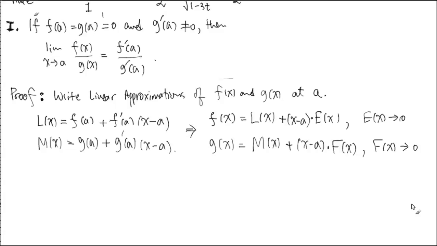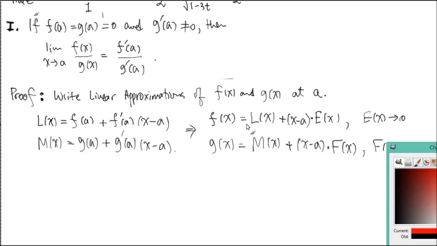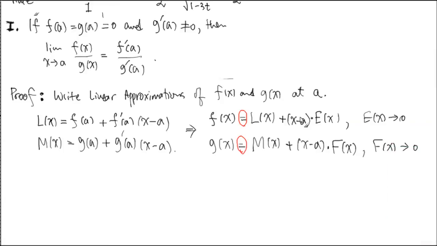The theorem, as stated, reveals really well why this is a good approximation, and the corollary is good for this type of analysis. So f of x and g of x can be written exactly like this, in exact form. It's not an approximation. It's exactly like that, with all the complicated parts shoved into this ex and fx, caring only about the property that ex and fx approach 0.